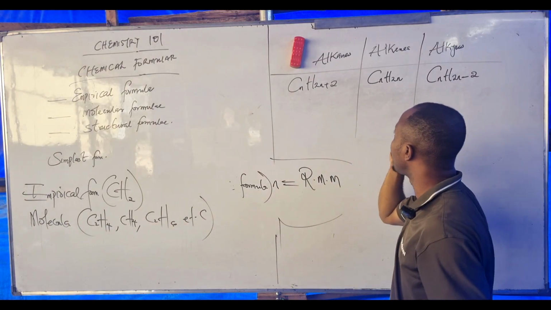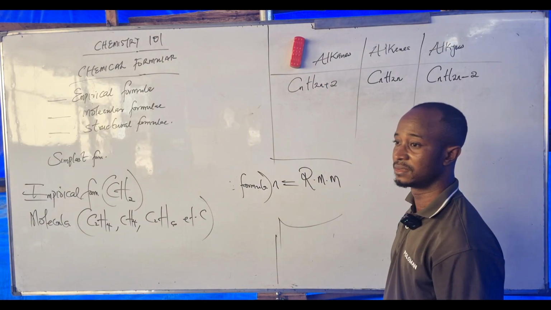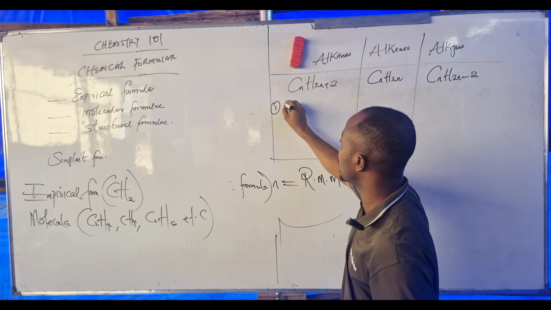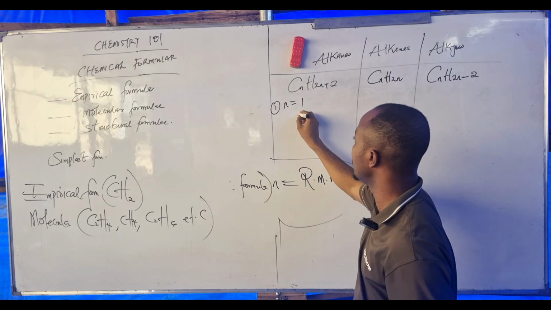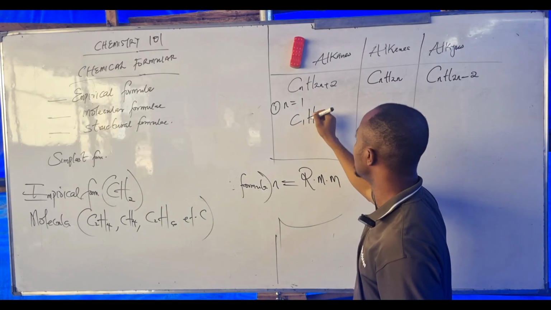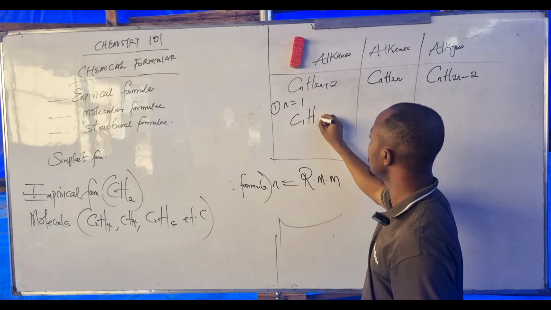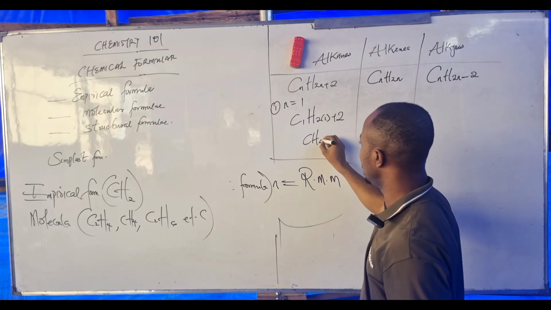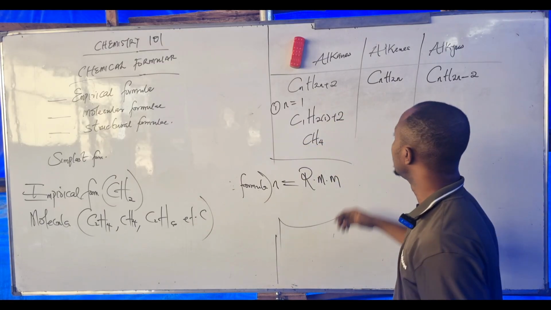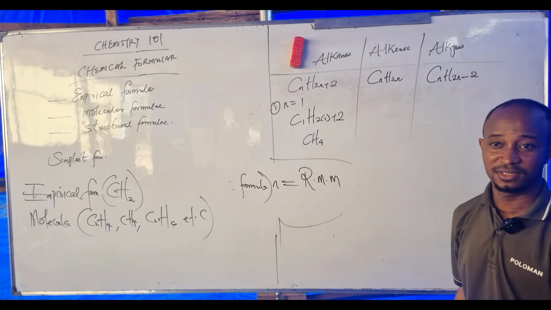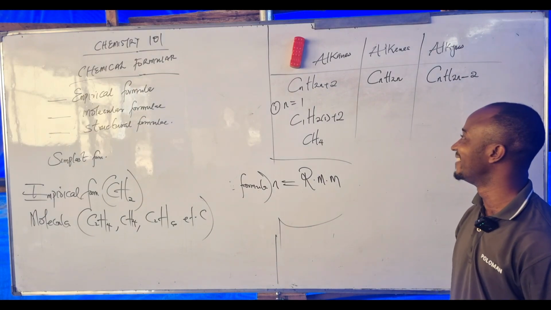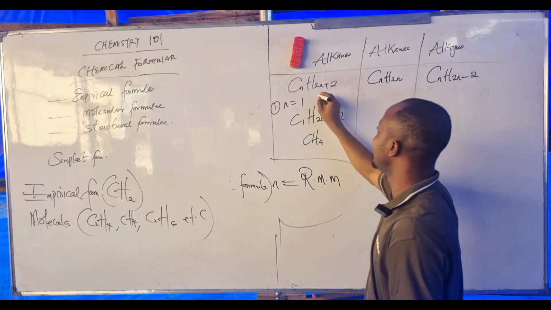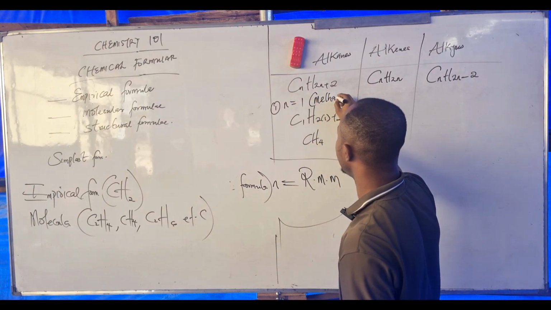I'm not going into all of this, but I want to just differentiate something. The first member of alkane is methane, when n equals 1. What will be here? C1H, 2 times 1 plus 2, that will give us CH4.